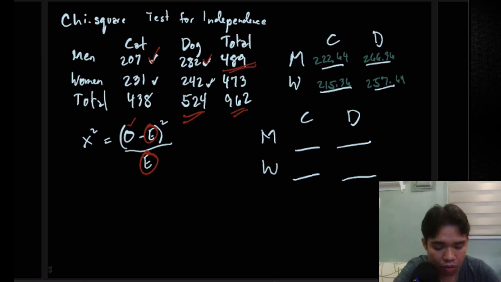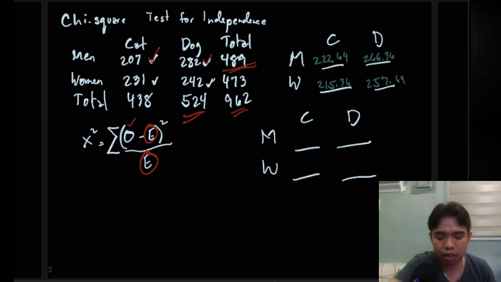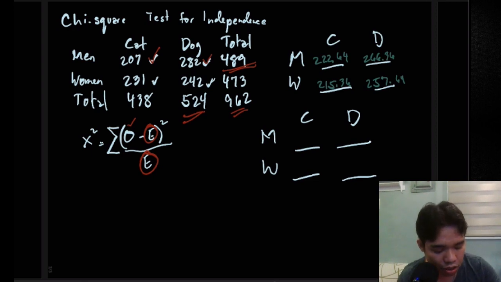By the way, in our formula it must be the sum, the total. I forgot to put the summation, but anyway, it's the total. Because there are 4 cells, there are 4 chi-square values, and we're going to get the total of these.